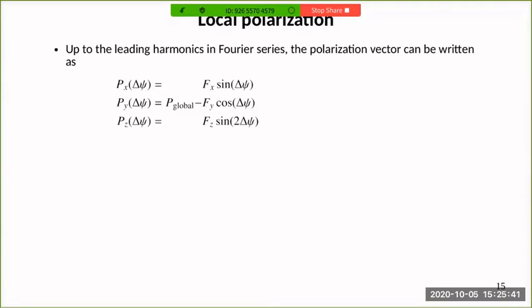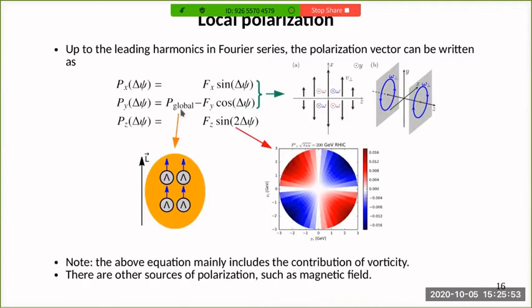So up to the leading harmonic in the Fourier series, the polarization vector can be written as this equation. Here P_global is the global polarization, F_x and F_y are the transverse local polarization, and F_z is the longitudinal polarization.